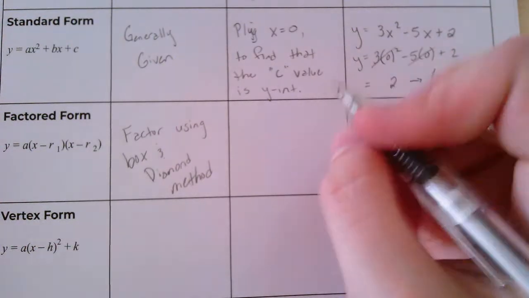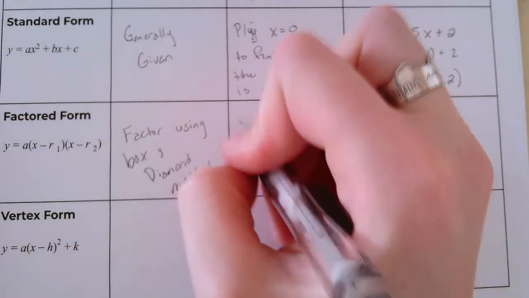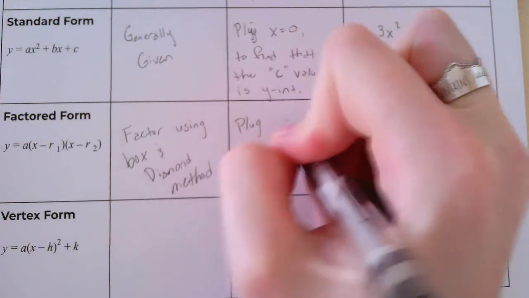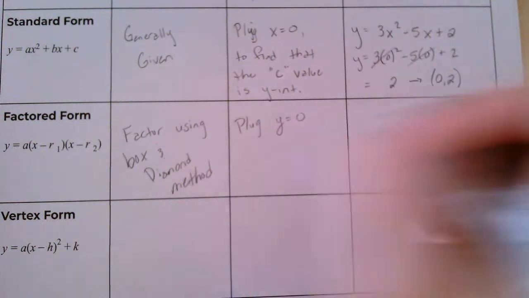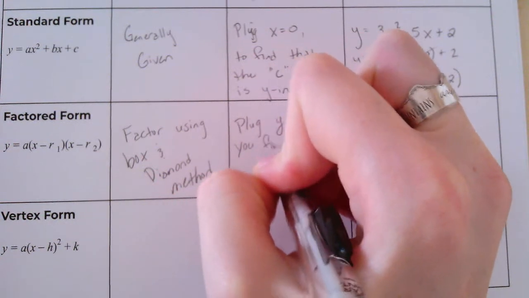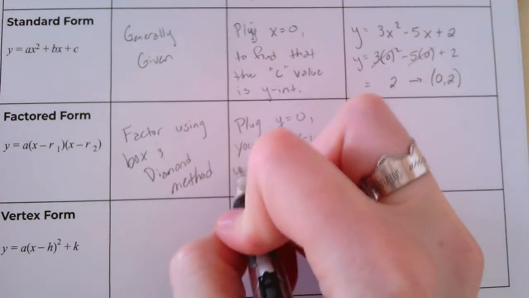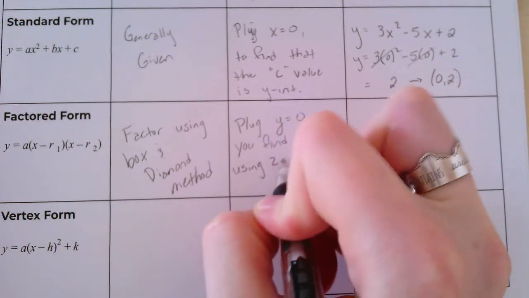Okay, so why do we care about that? Well, if you recall, when you set your factored form equal to 0, so essentially you plug in y equals 0, you can find your x-intercepts. And you also need to use the zero product property to do that.